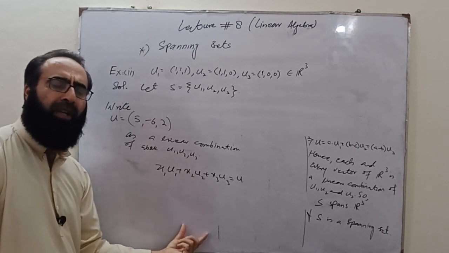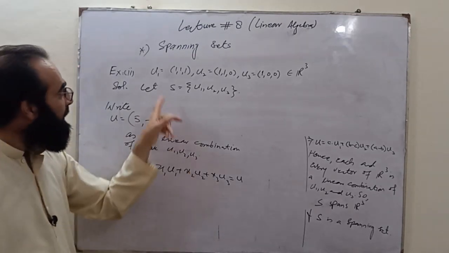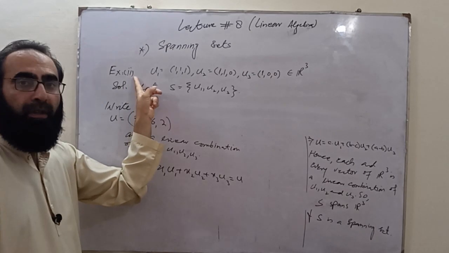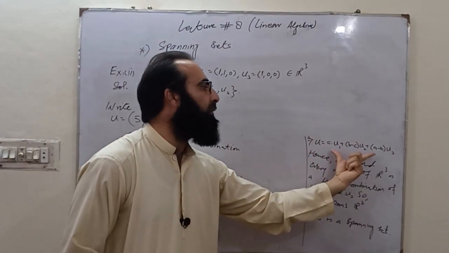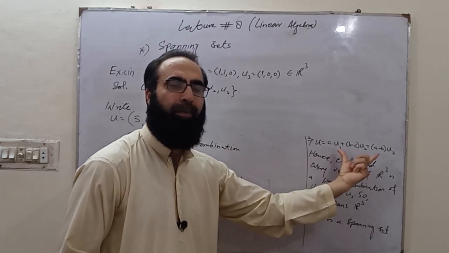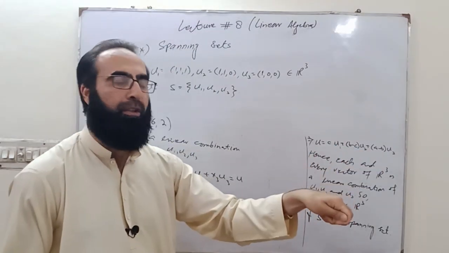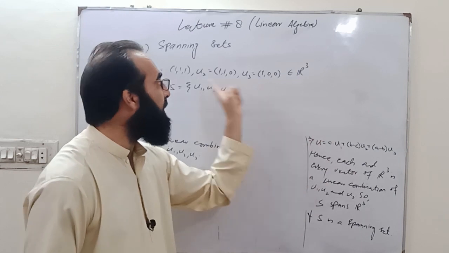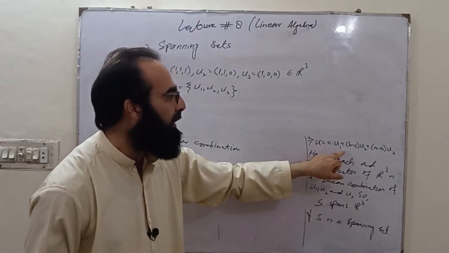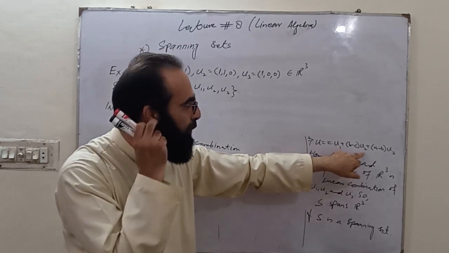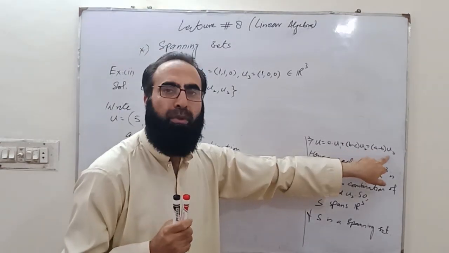It will take some time. But in this example, in the second part, we have already formulated a general expression for an arbitrary vector to be written as a linear combination of these three vectors, which is u is equal to c times u1 plus b minus c into u2 plus a minus b into u3.